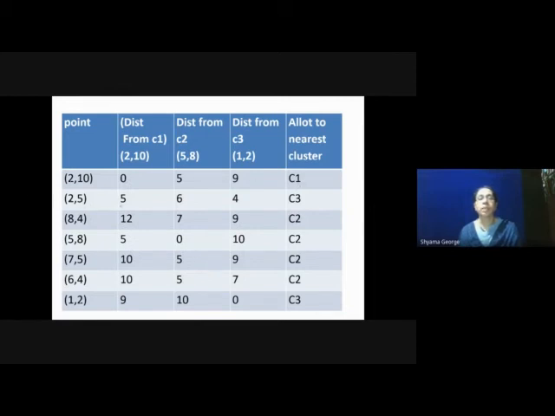Again (2, 5): the minimum distance is between (2, 5) and C3, so it is allotted to C3. Similarly, (8, 4) is allotted to C2 because 7 is the minimum distance. (5, 8) is allotted to C2. Then (7, 5) is allotted to C2, the minimum distance is 5. And (6, 4) is allotted to C2. And (1, 2) is allotted to C3.